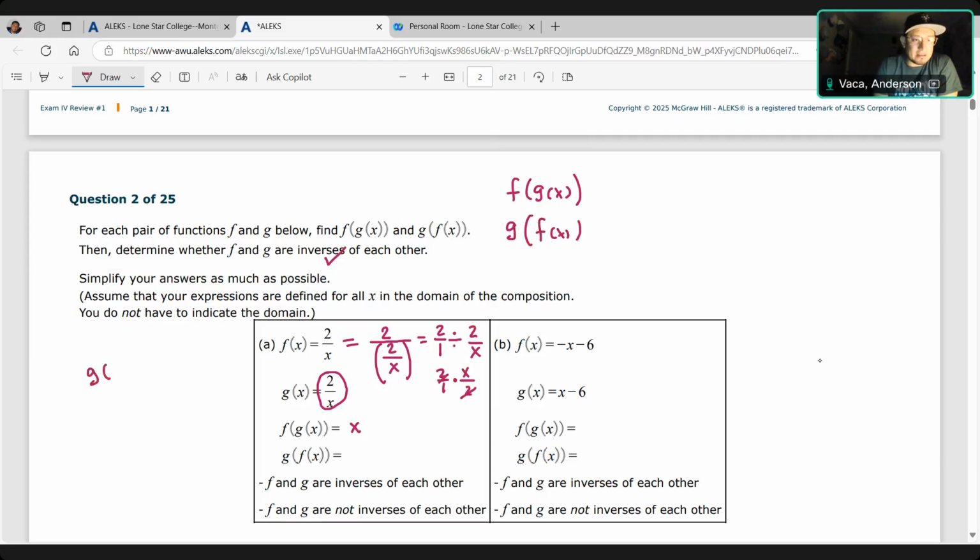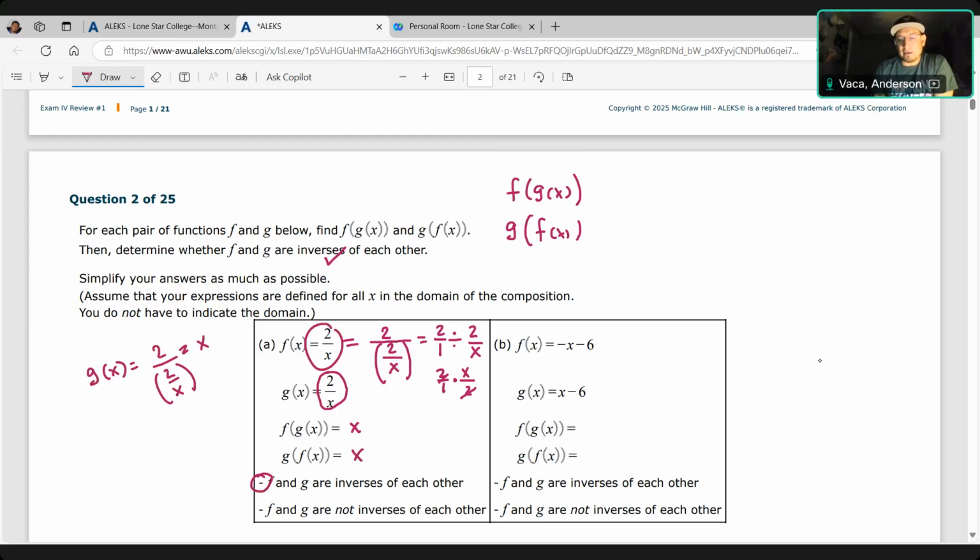G of x is 2 divided by x, but f will be in place of x. Oh, this is the same thing, so it's just going to be x. Therefore, because both of these simplifications are just x, f and g will be inverses.